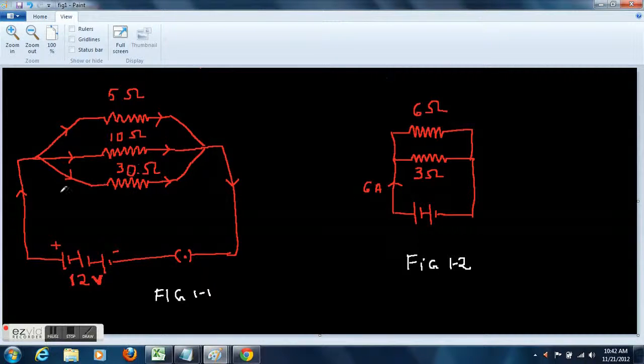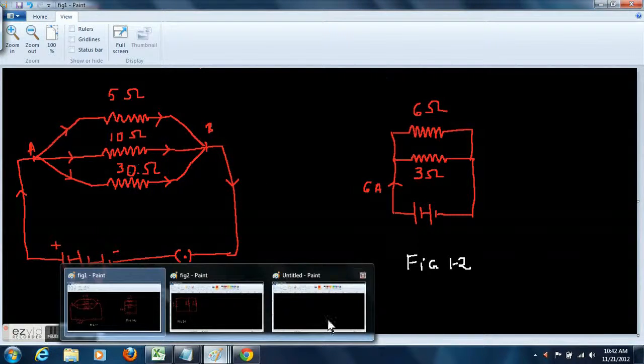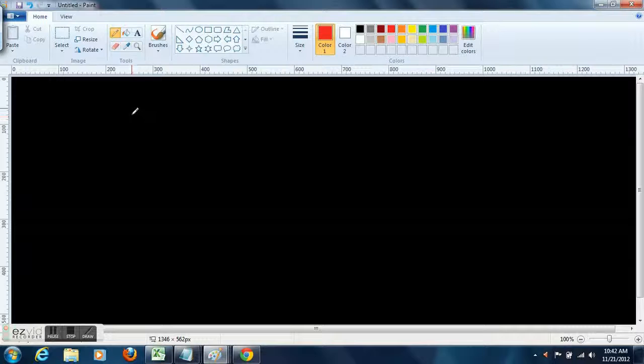So basically we have to calculate the current through each resistor. Now, we know the potential difference is 12 volt. That means the potential difference between points A and B is 12 volt.